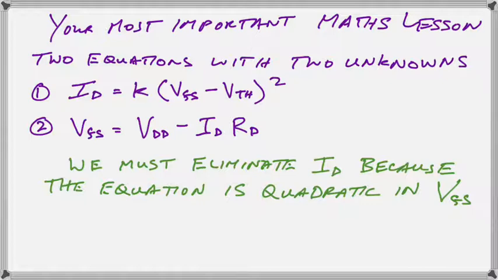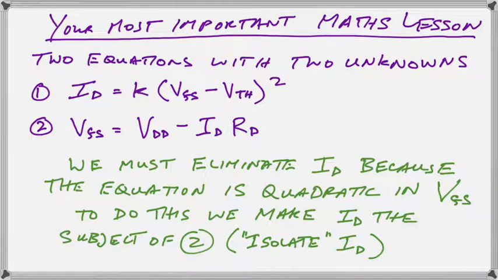But the reason why we are doing this is because we must eliminate ID entirely, because the equation is quadratic in VGS, as you will see momentarily. The action of making ID the subject is also referred to in mathematics as isolating ID.